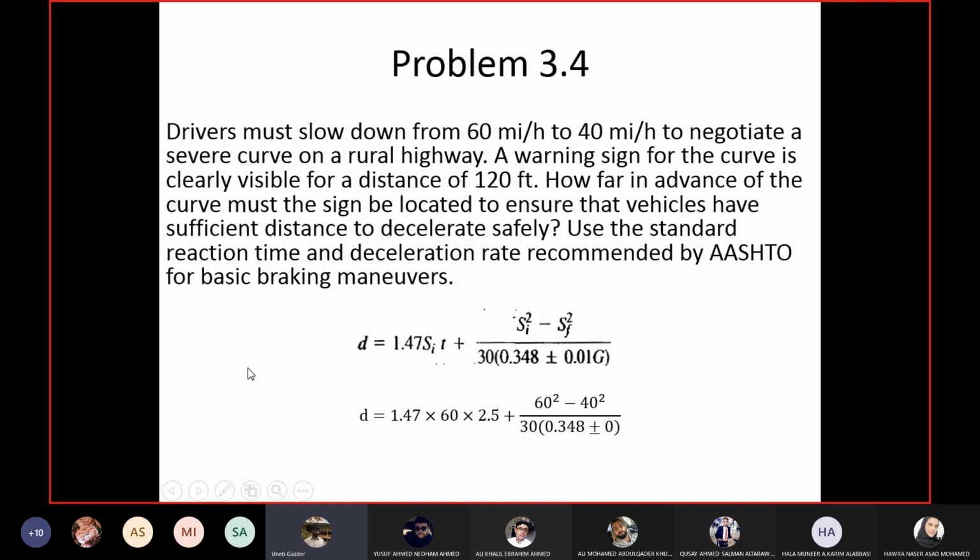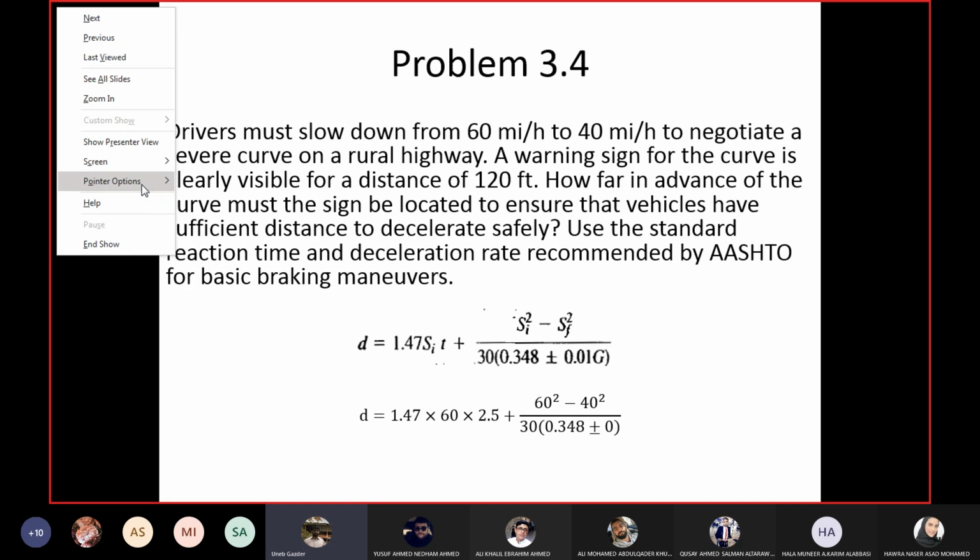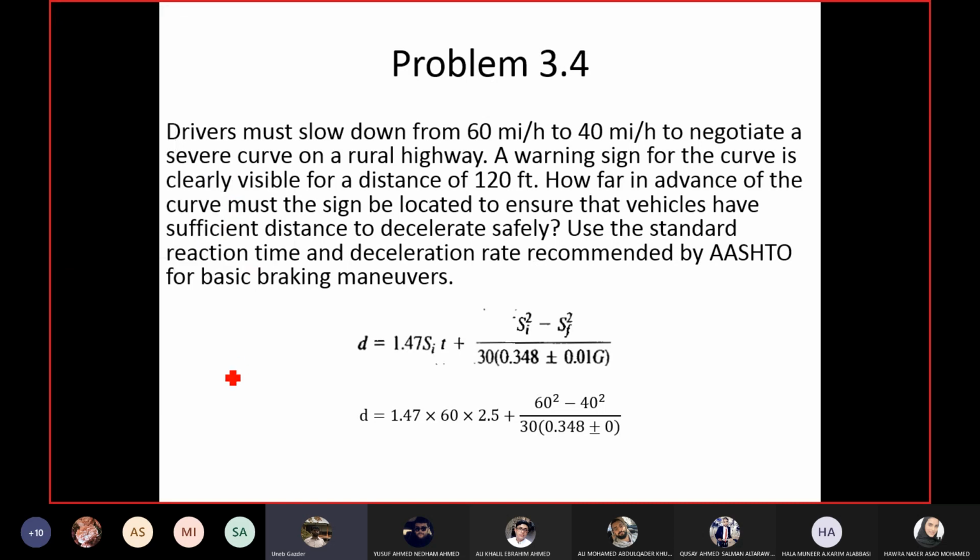Now let me try to make it clearer using a sketch here. This is your highway. On this highway there's a curve, and this is a sharp curve according to them, and there's a sign here. I want to put a sign here, and the sign may say 40 miles per hour speed.